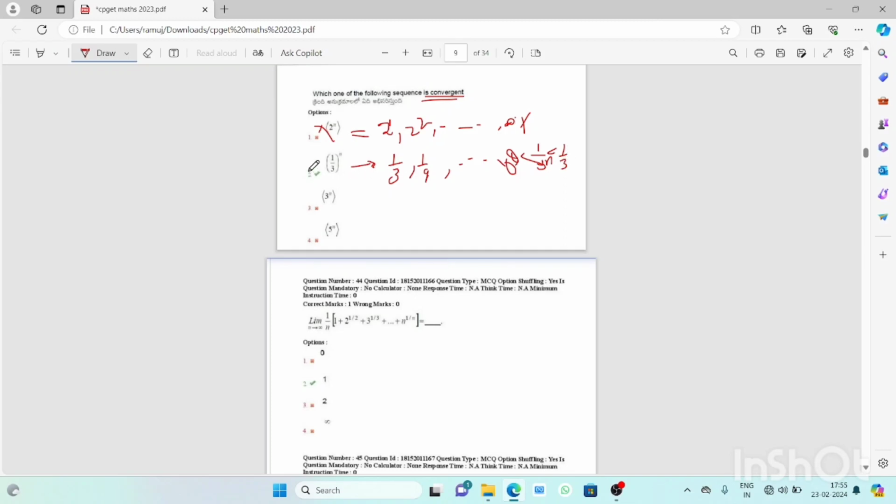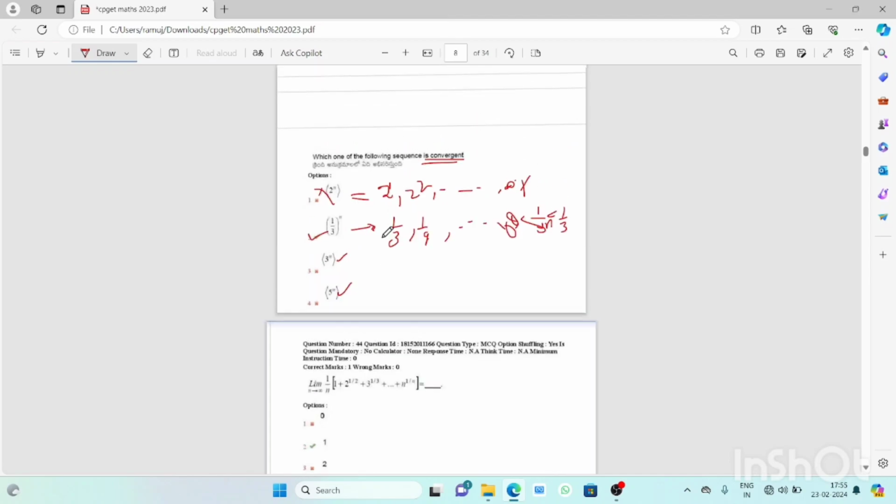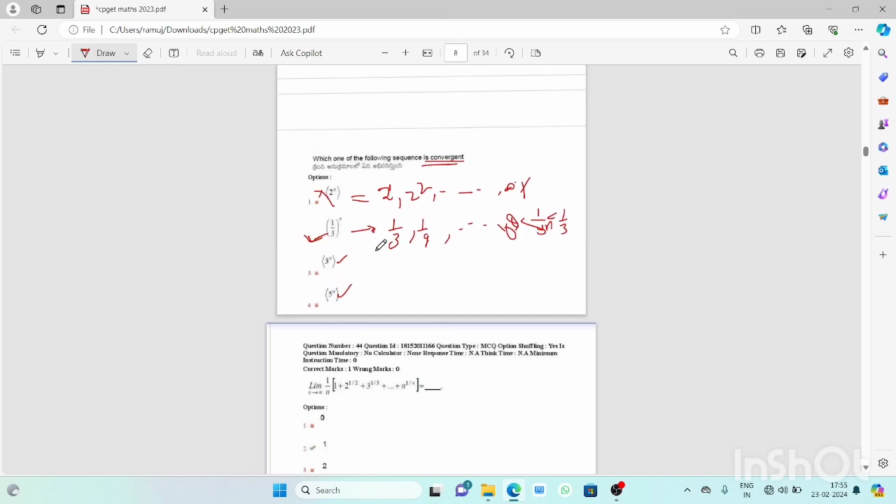So this is the convergent sequence of the given question. He mentioned 3 power n, which is also similarly like 2 power n. It goes to infinity, so it is not bounded, so we can say that it is divergent. Similarly 5 power n is also divergent. So the second one is the correct option for this question.